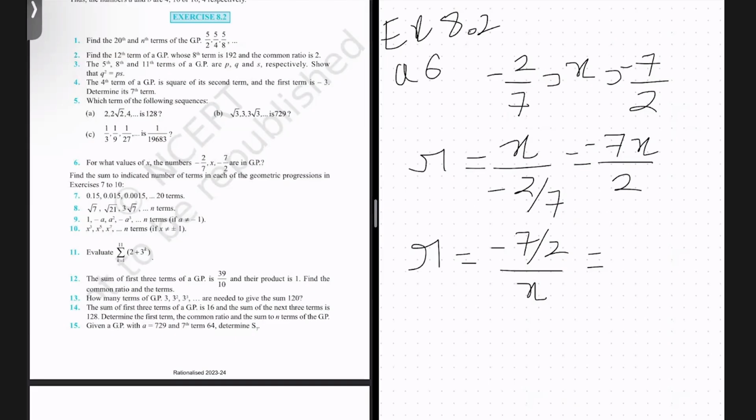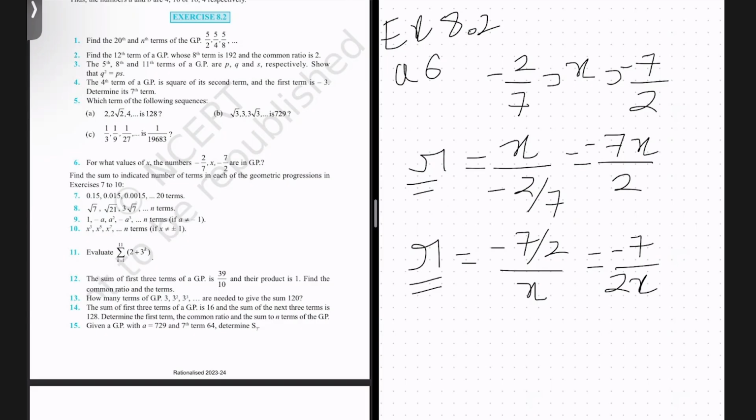When I do that, what I obtain is the common ratio as minus 7 by 2x. So the common ratio is also minus 7x by 2, and the common ratio is also minus 7 by 2x. Now when you equate both of these, you're going to find the value of x.